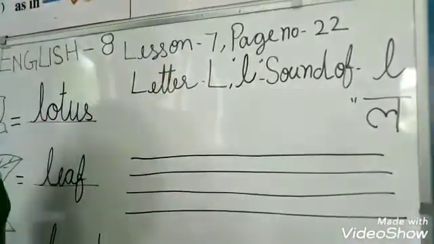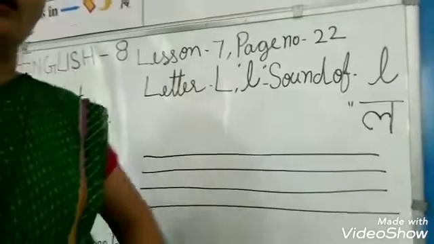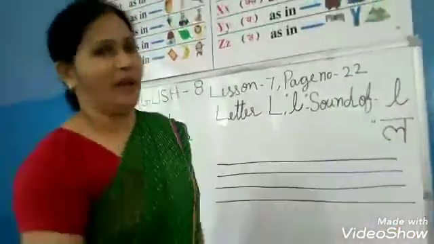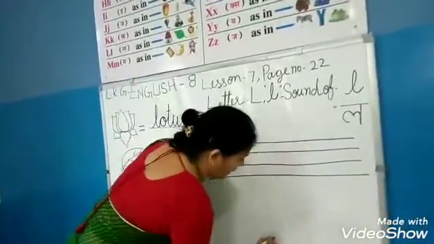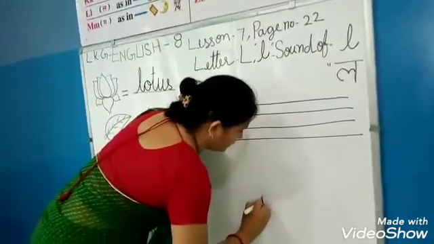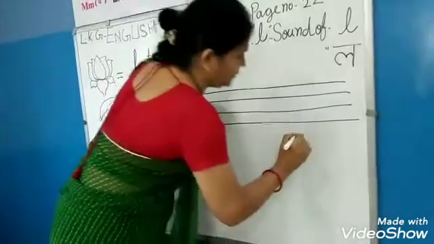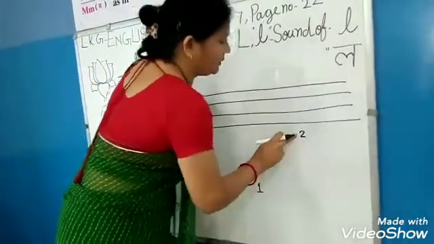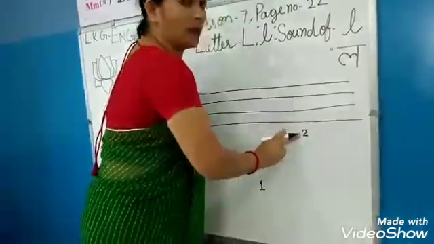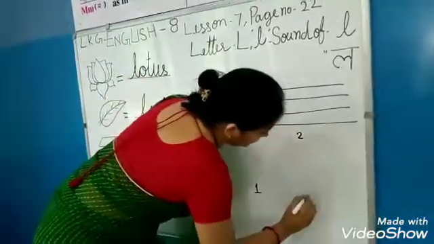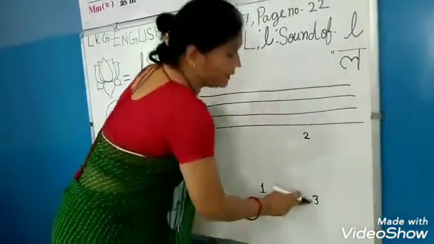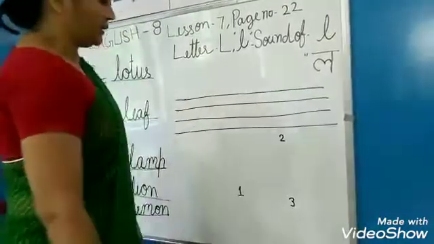Okay children. Now write big L. So write number 1. Here write number 2 and here is number 3. Okay children.